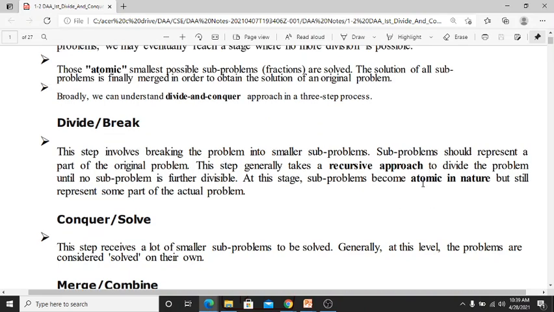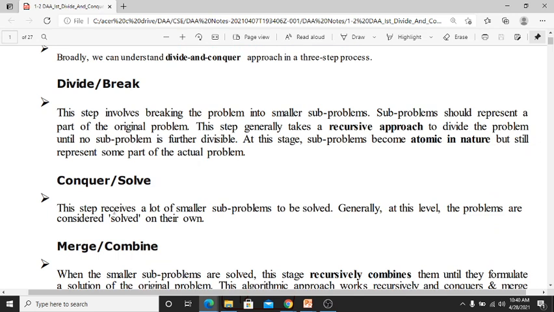At this stage, sub problems become atomic in nature but still represent some part of the actual problem. So this is divide. This is how the divide works.